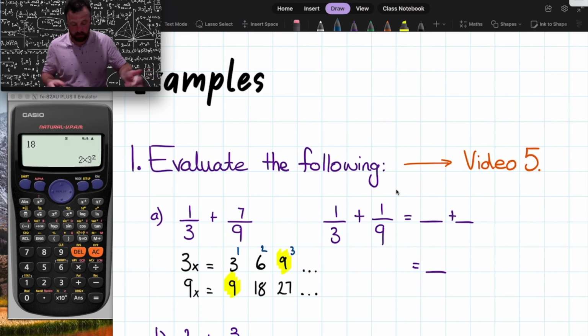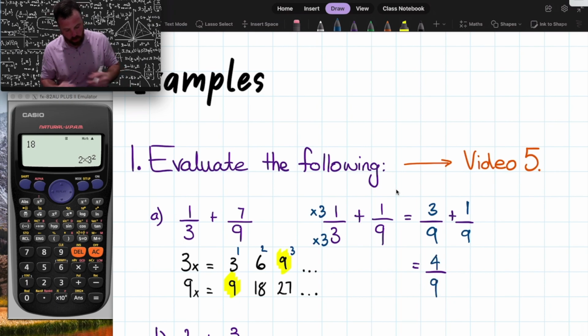So I'm going to multiply it by 3. 3 3s are 9. So, yay! I'm keeping that last one the same. Whatever I do to the bottom, though, I have to do to the top to keep it the same fraction. So now we get 3 over 9 plus 1 over 9. And what we end up with is 4 over 9.